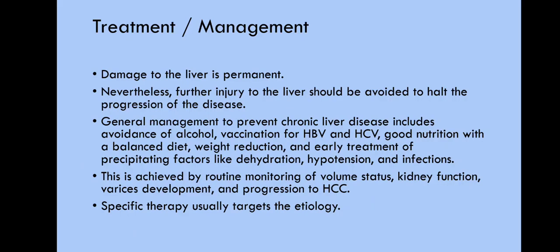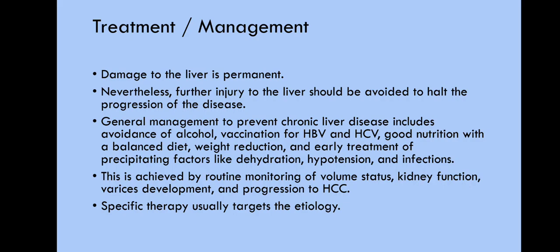Then treatment and management. Damage to the liver is permanent. Nevertheless, further injury to the liver should be avoided to halt the progression of the disease. General management to prevent chronic liver disease includes avoidance of alcohol, vaccination for hepatitis B virus and hepatitis C virus, good nutrition with a balanced diet, weight reduction, and early treatment of precipitating factors like dehydration, hypotension, and infections.